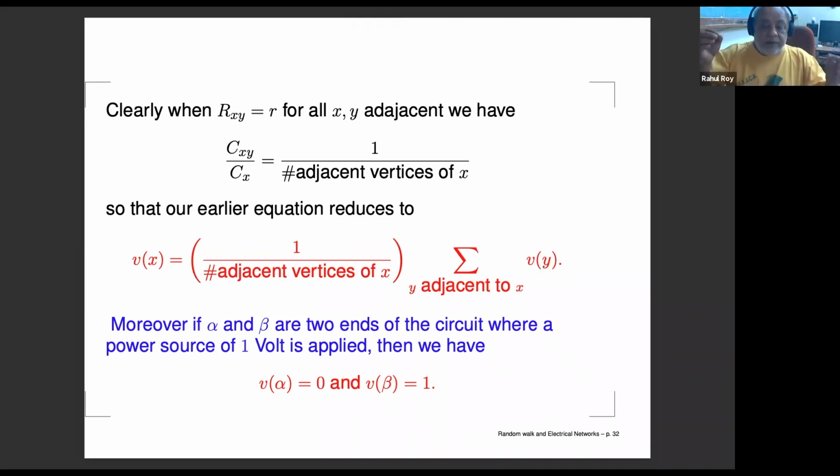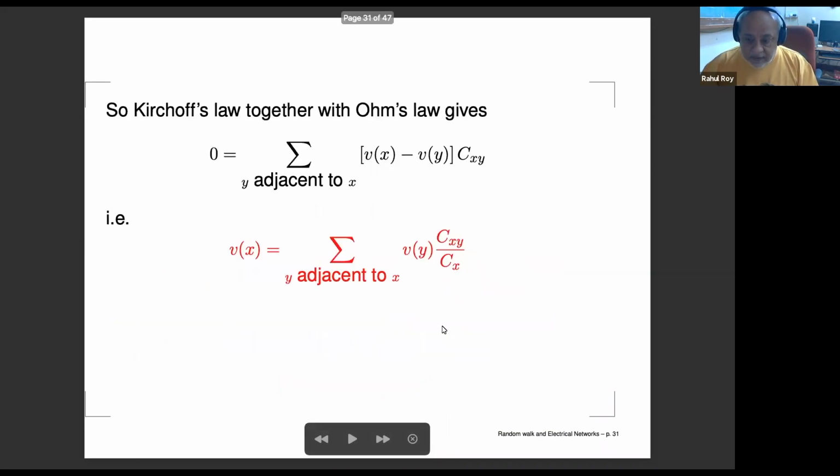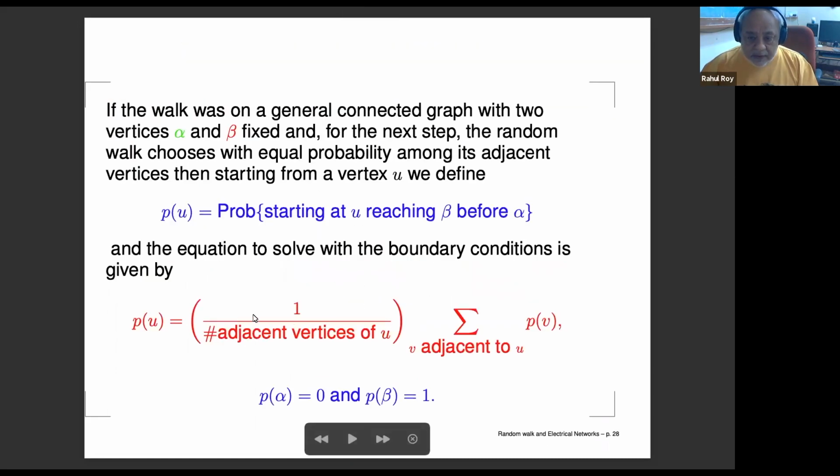And also, since we have applied the electricity to these two boundary points, alpha and beta, suppose that the power source is 1 volt. Therefore V alpha, the voltage at alpha, is 0, and V beta, the voltage at beta, is 1. Now see these two equations. These are very similar to these two equations.